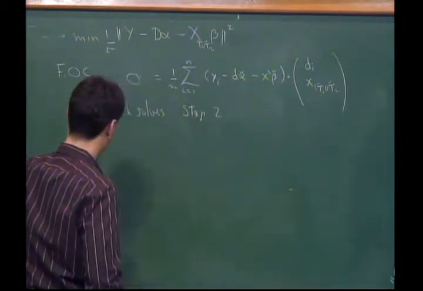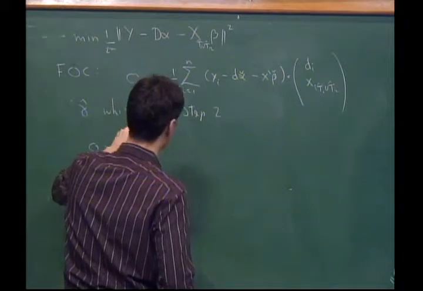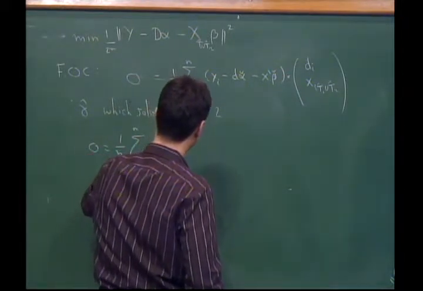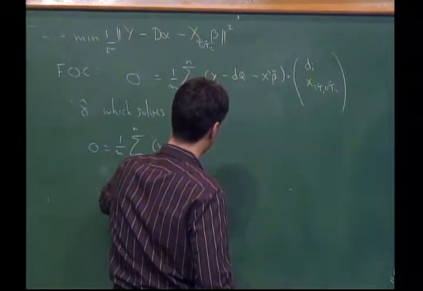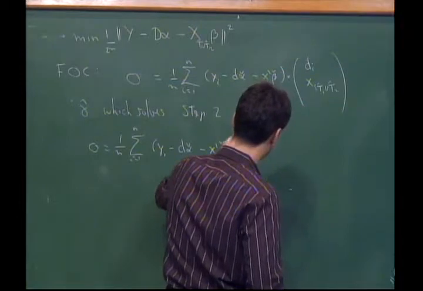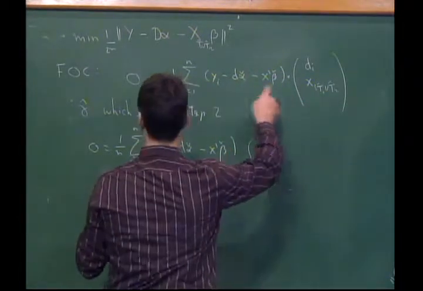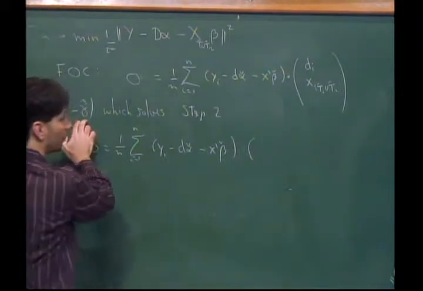So I get 0 equals 1 over n, summation 1 to n, y i minus d alpha check minus x beta check, times. And actually, I'm going to hit by a vector which is 1 minus that, minus this guy.